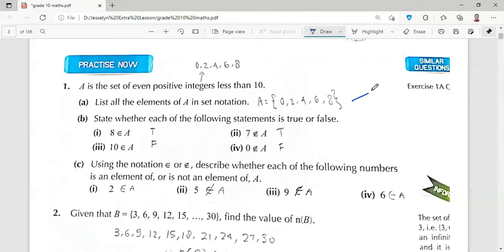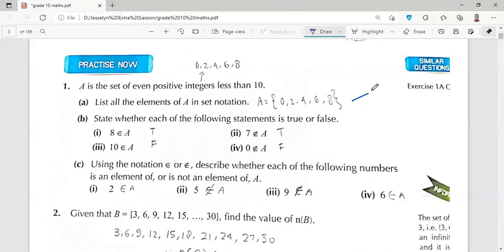Correct? Okay, 2I. 7 is not an element of A. This is true because number 7 is not in this set A.